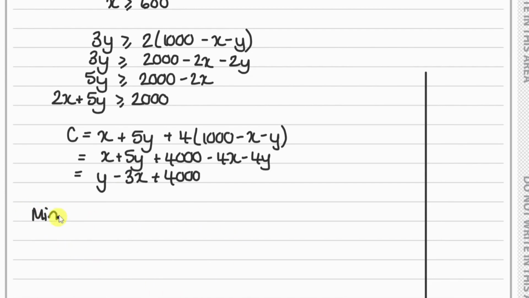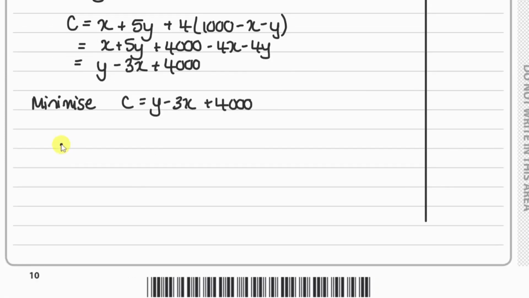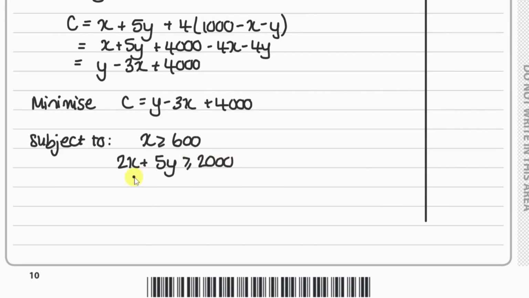Minimise C, which is y minus 3x plus 4,000, subject to x is greater than or equal to 600, 2x plus 5y is greater than or equal to 2,000, and some which we haven't stated yet, that x and y are greater than or equal to 0, the non-negativity ones.